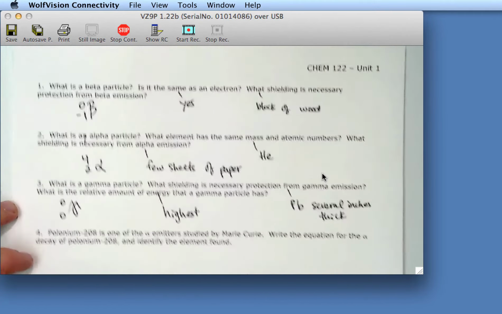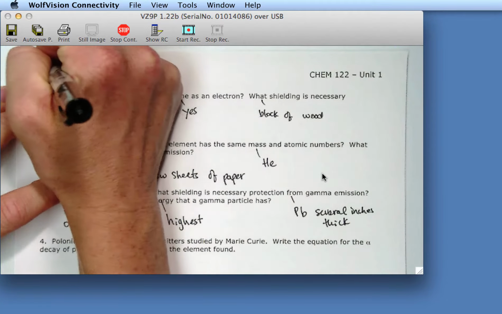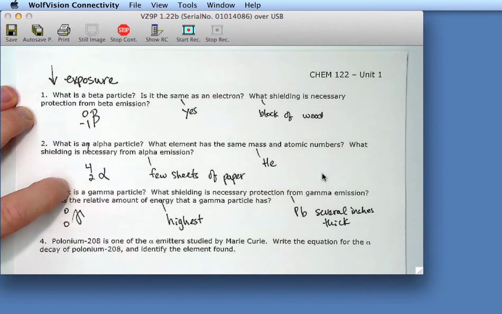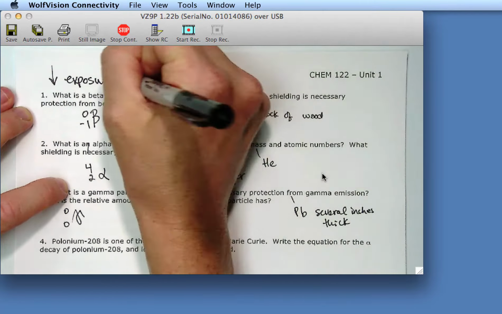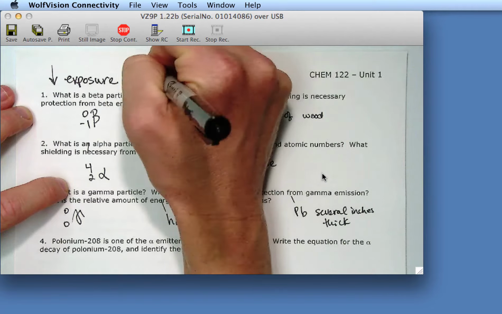If you want to be exposed to less radiation, do you want to increase the time or decrease the time? Decrease. So to decrease exposure, you want to decrease time.